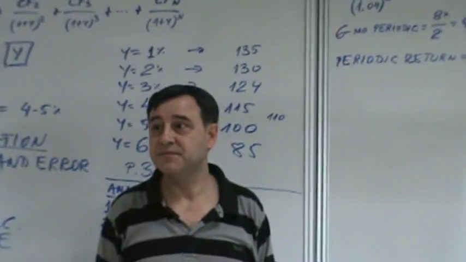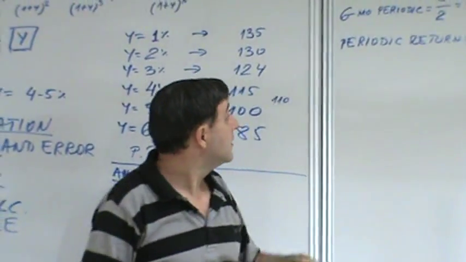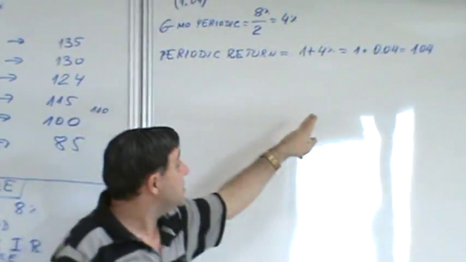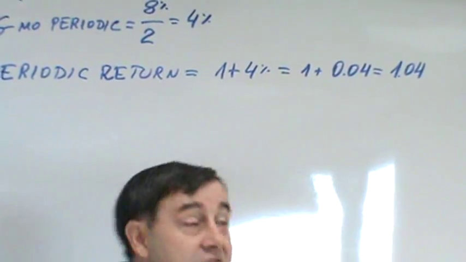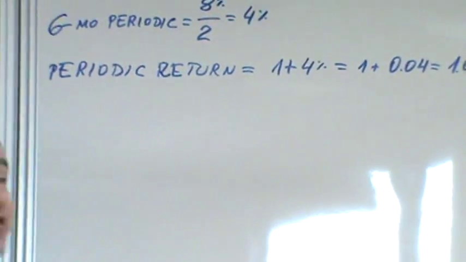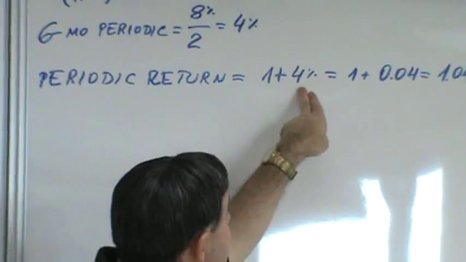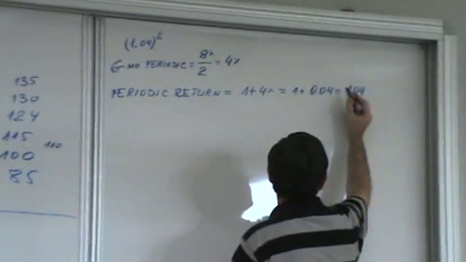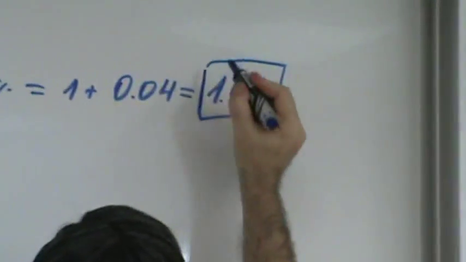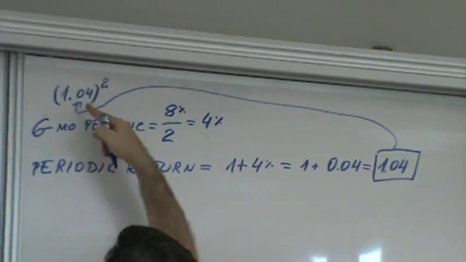So the periodic return is 1, that's the principal, and 4% is the periodic interest rate, so this is 1.04.